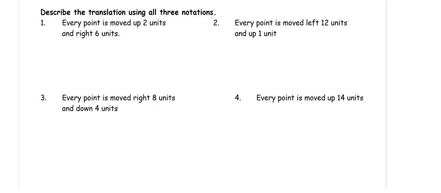So in the first one, every point is moved up 2 units and right 6 units. So remember that right is going to go with the x, and up is going to go with the y. So we have (x, y) arrow, and then I need my new change. So x, in this case, we're moving right 6, so x plus 6, y up 2, plus 2.